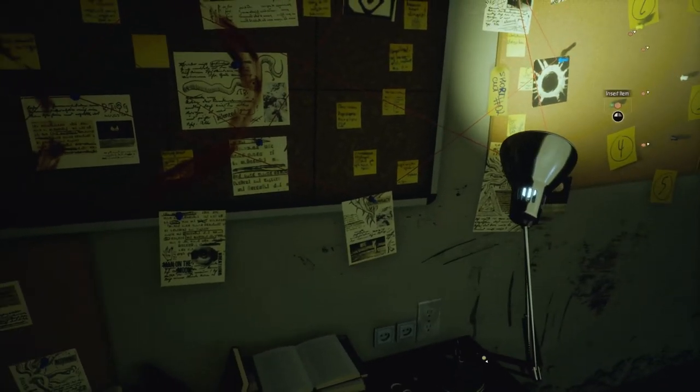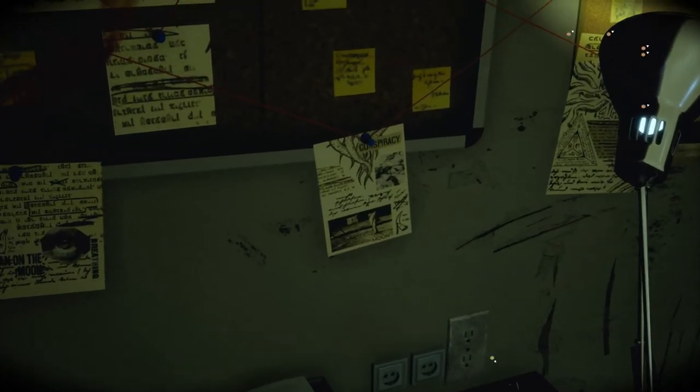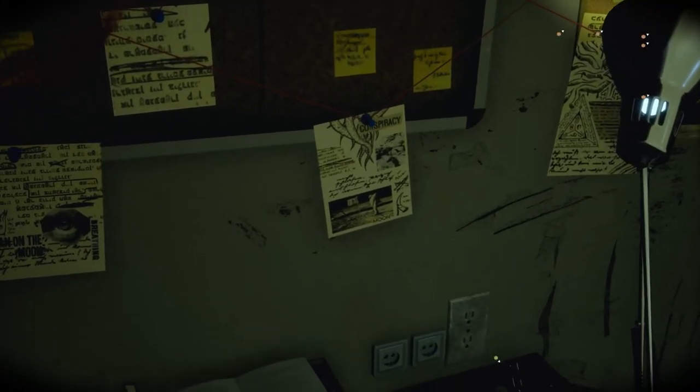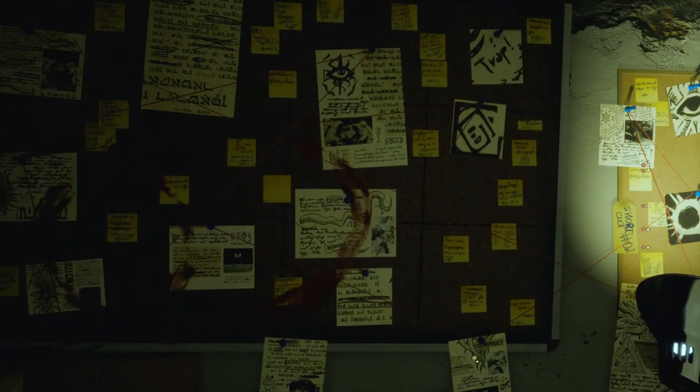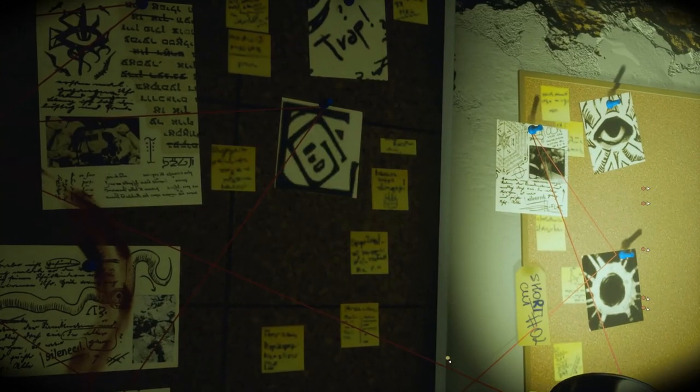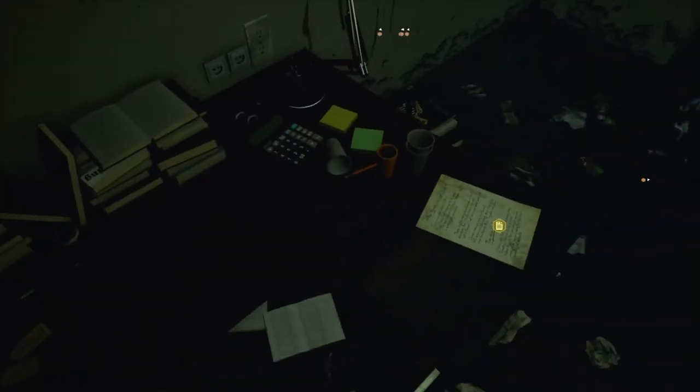Might be relevant. Conspiracy, it says here. Conspiracy about the moon? But presumably in this universe it's not about the moon landing being fake, but about, for example, there being Lovecraftian abominations asleep beneath the surface or something. Trap. Let's look at this.